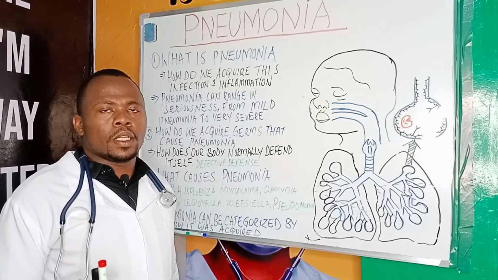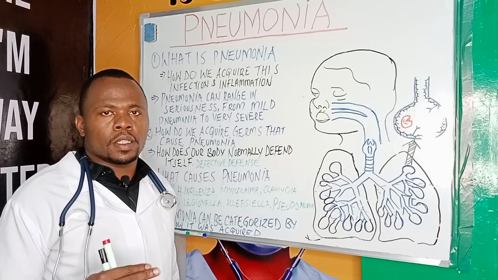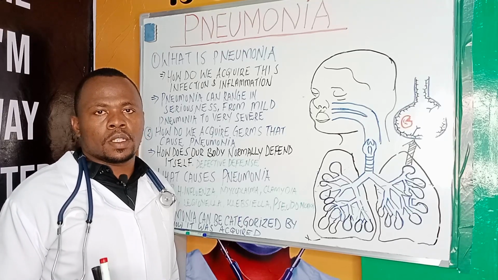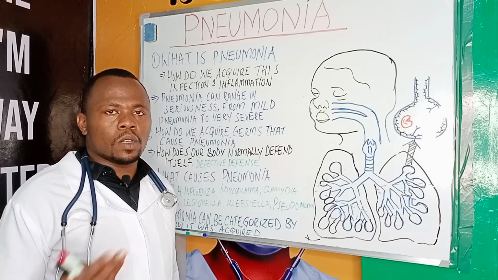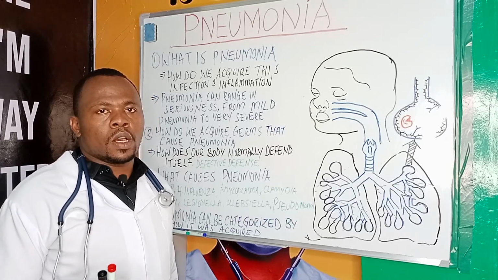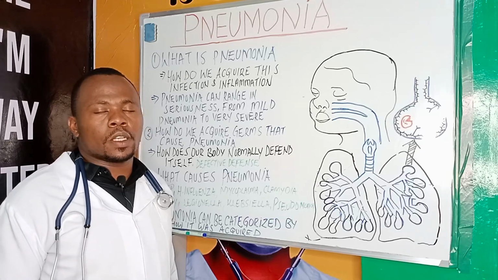One, we have what we call the cough reflex. When a bacteria or a virus enters into our airway, our body is triggered to cough. This coughing may spit out the bacteria that you have aspirated, or any foreign body that you have aspirated.